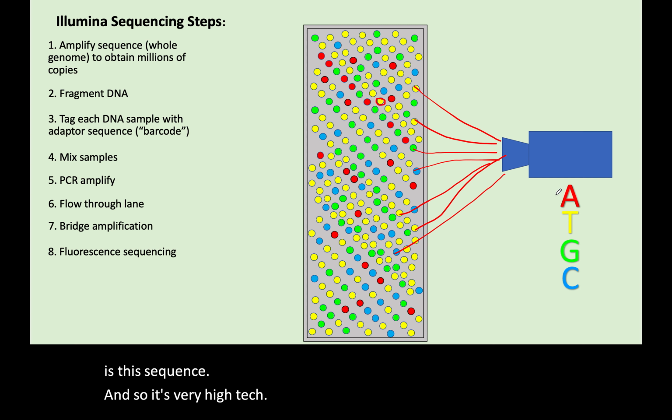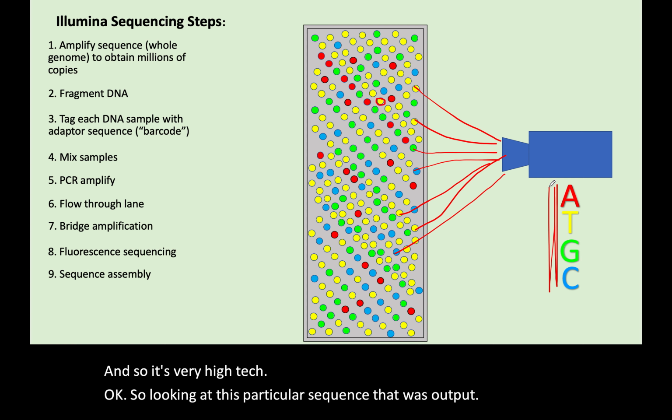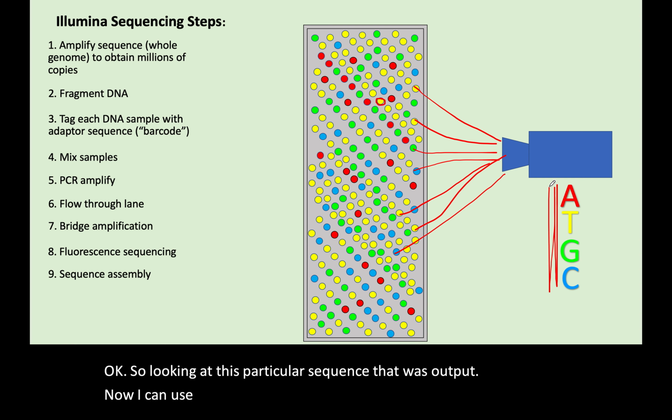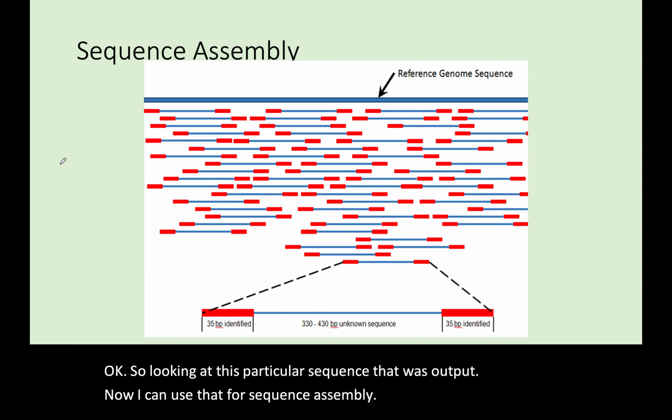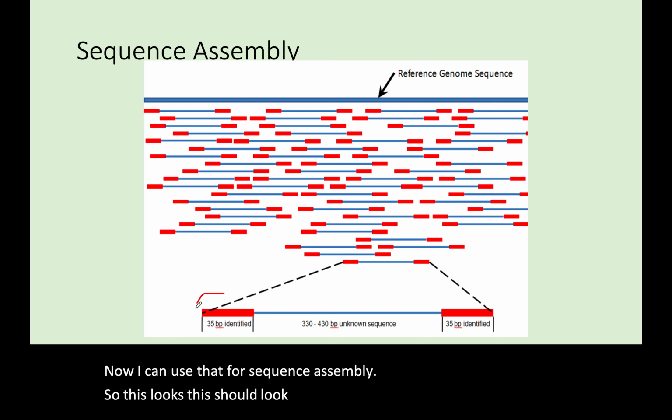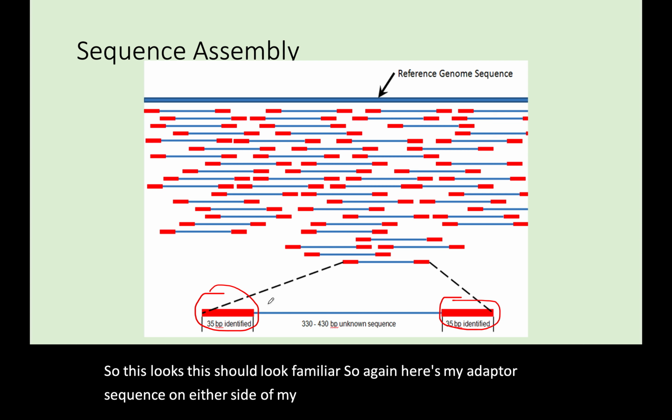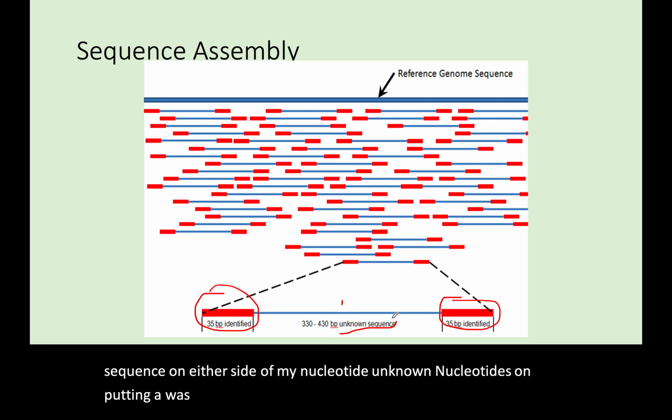Okay, so looking at this particular sequence that was output, now I can use that for sequence assembly. So this should look familiar. Again, here's my adapter sequence on either side of my unknown nucleotide sequence.